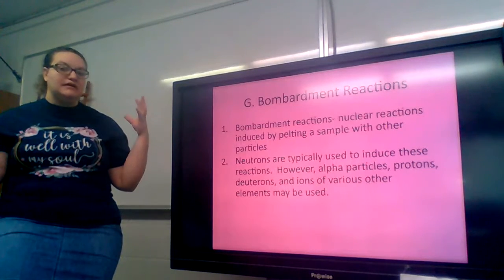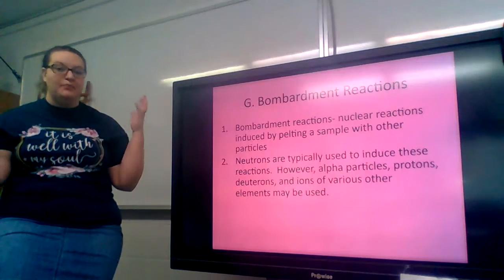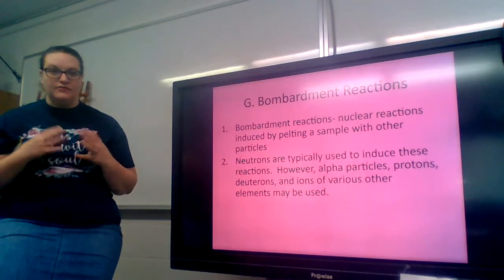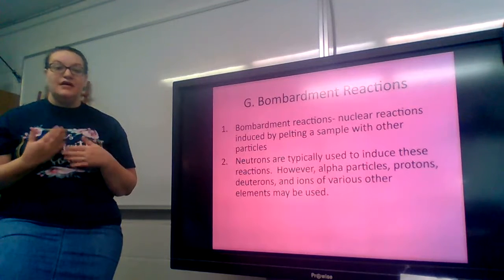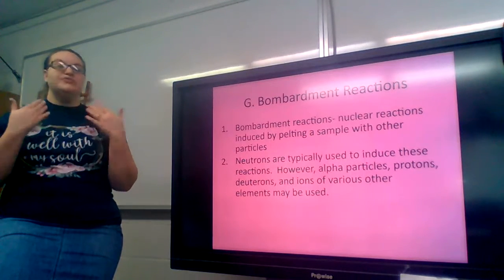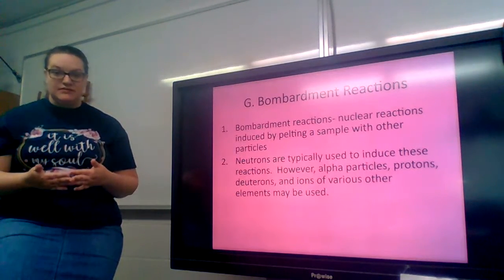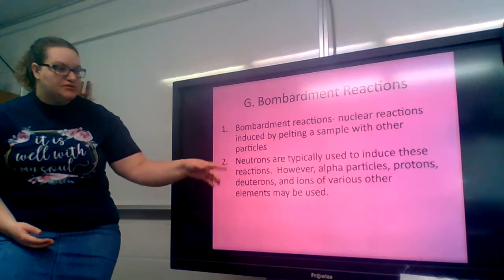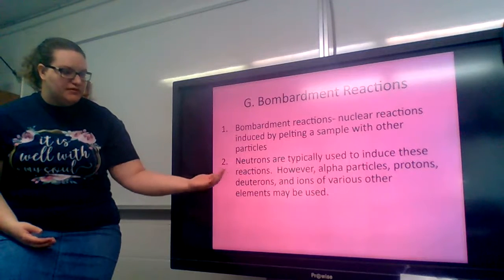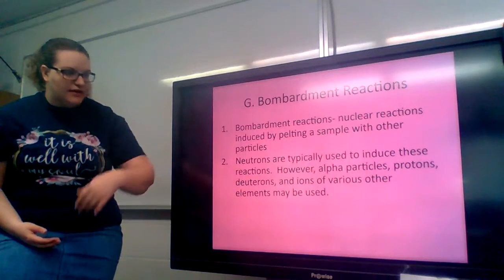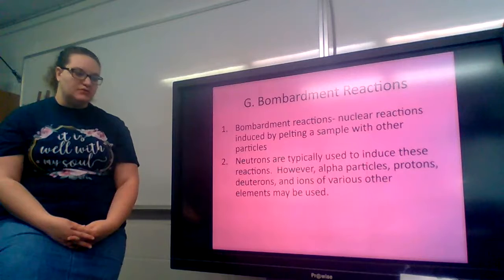But you're basically hitting the atom with a bunch of extra particles that it doesn't originally have in order to create an unstable state in order to allow a nuclear reaction to take place. So neutrons are typically used to induce these reactions. However, alpha particles, protons, deuterons, and ions of various other elements may be used as well.